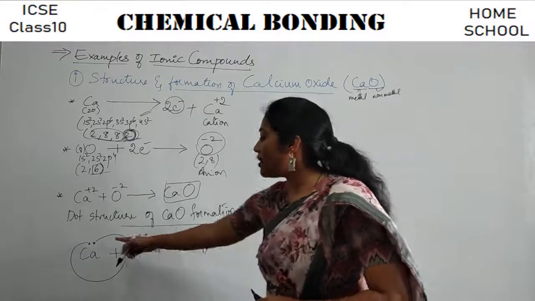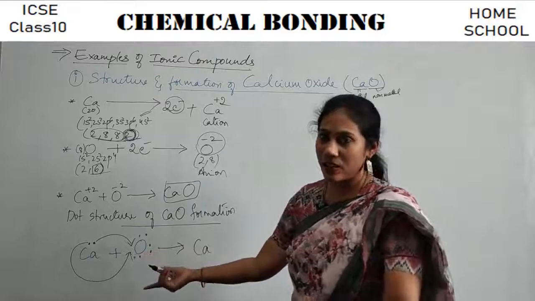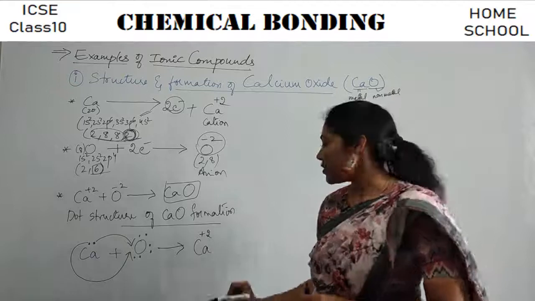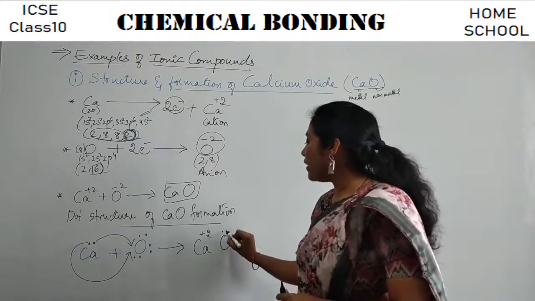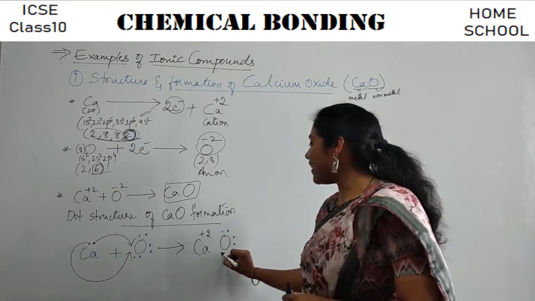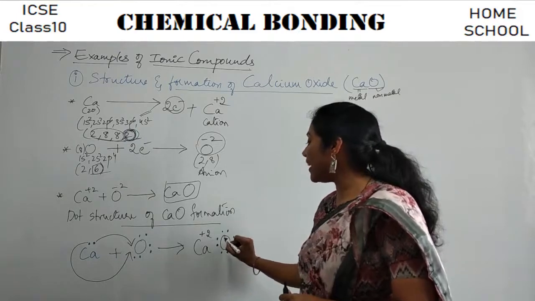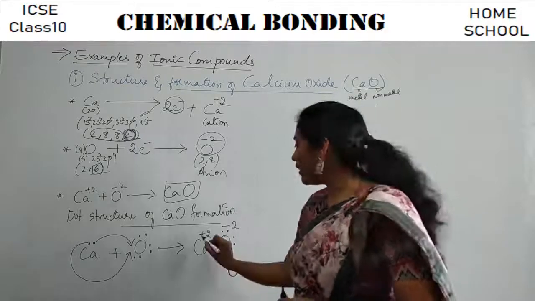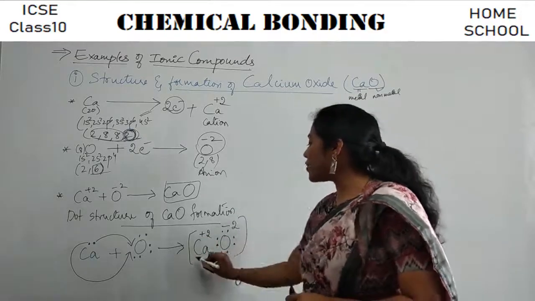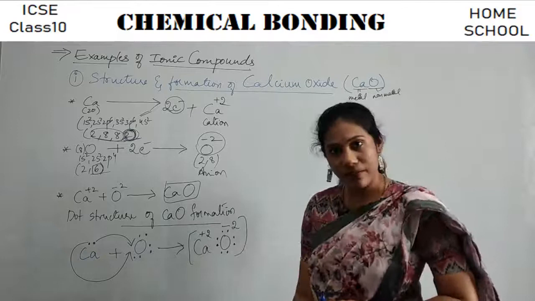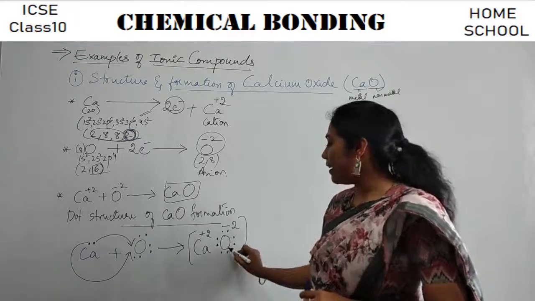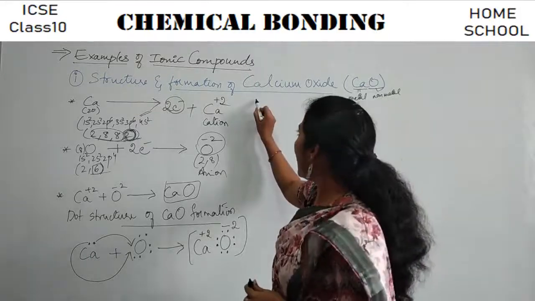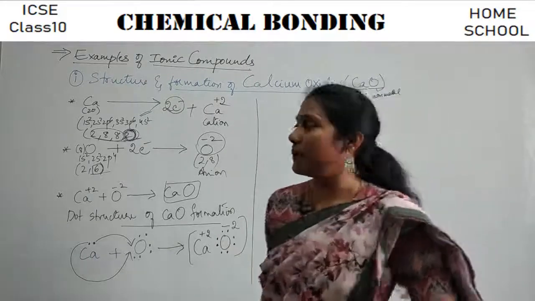Ca has lost both of its valence electrons and it has a Ca+2 charge. And oxygen, along with its 6 electrons, got 2 more and became stable, in a -2 charge state, right? So this is our calcium oxide dot structure. Clear? CaO, ionic compound. So this is all about the calcium oxide formation.